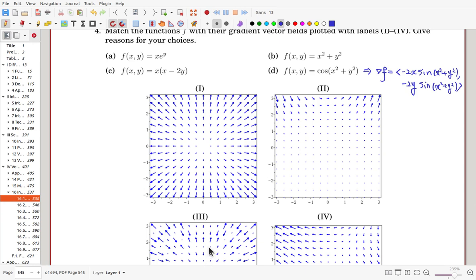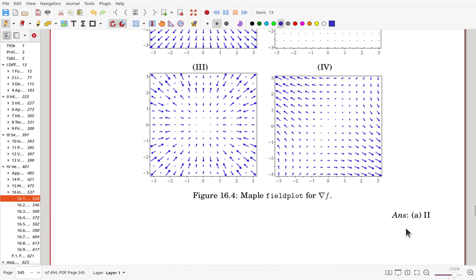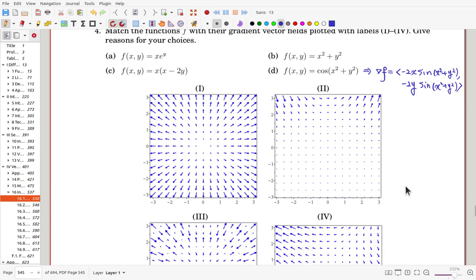You can see the detail. Now here, for A, the solution is given. You can check it quite easily. For this one, if you compute the gradient, then the x derivative is e to the y, and the y derivative is x e to the y. Now, once x is positive, the right side is always positive.